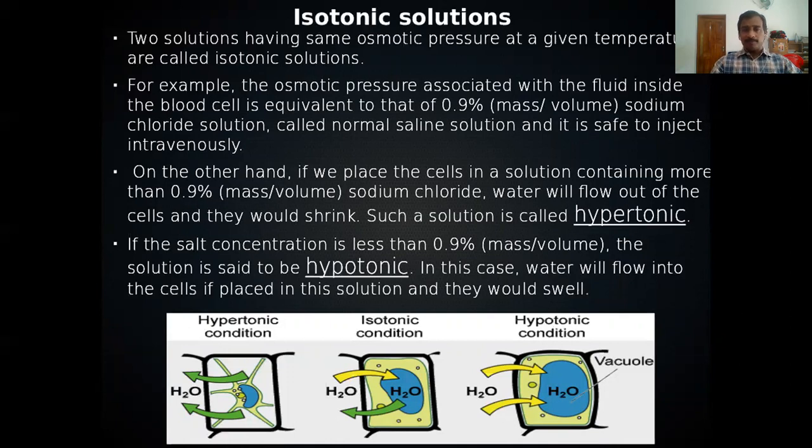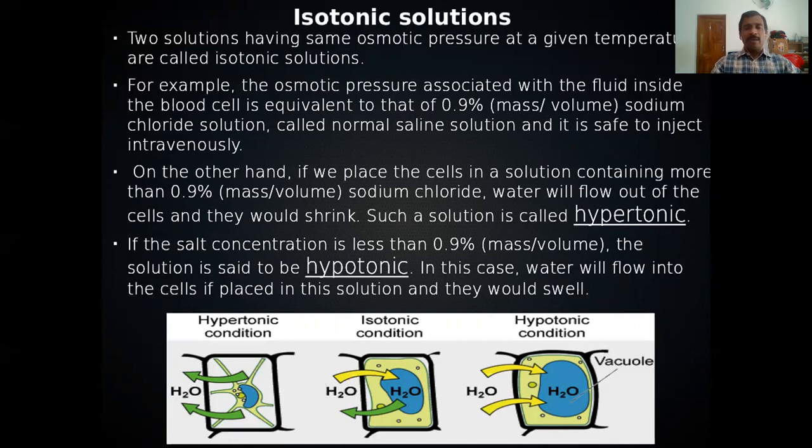For example, the osmotic pressure of 0.9% sodium chloride solution. 0.9% means mass by volume percentage. 0.9% sodium chloride solution is isotonic with the osmotic pressure of the fluid inside the blood cell.